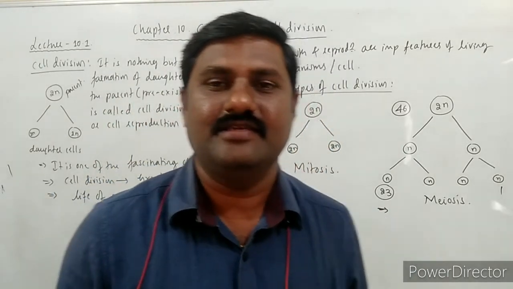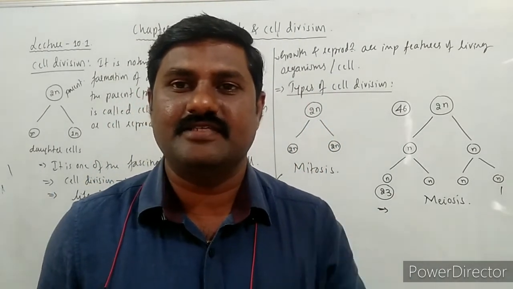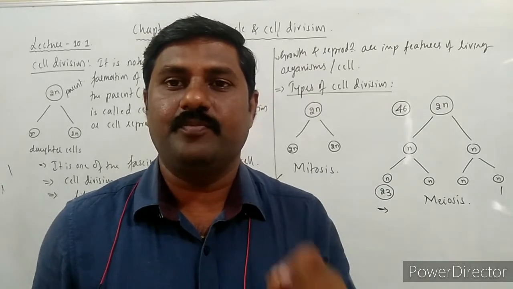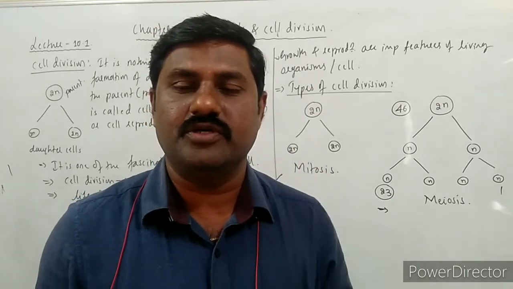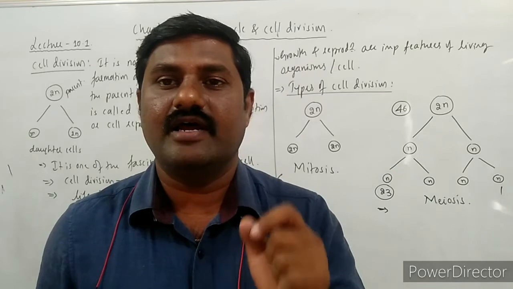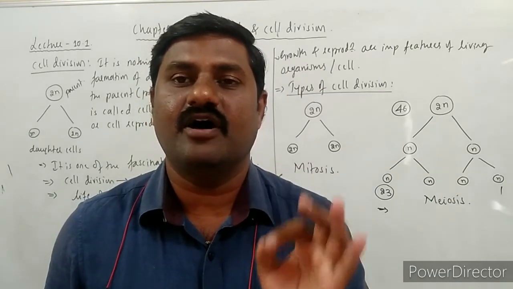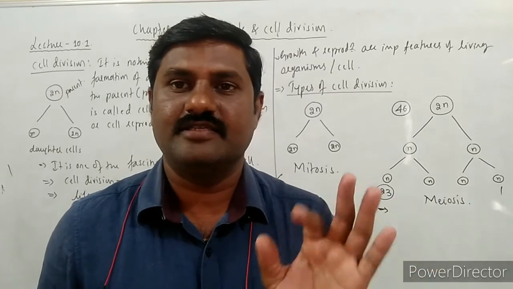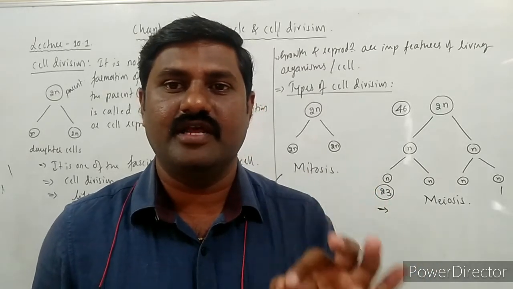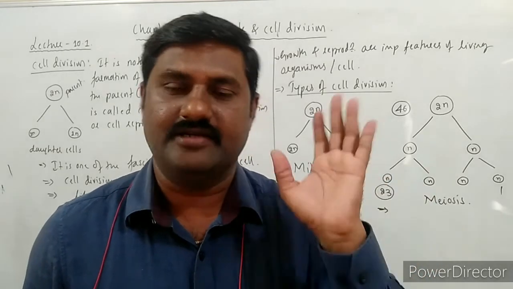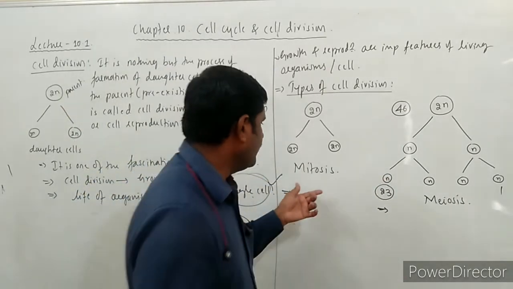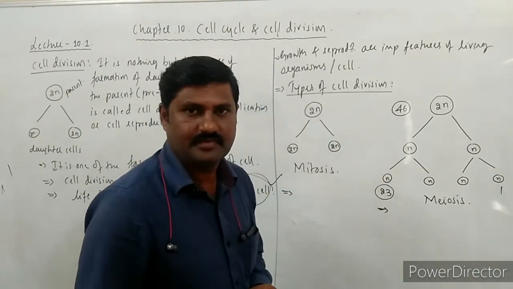What is mitosis? It is a type of a cell division in which a diploid cell divides into two equal sized or identical daughter cells with the same number of chromosomes or the same amount of genetical material what is there in the parent cell is called as mitotic cell division.